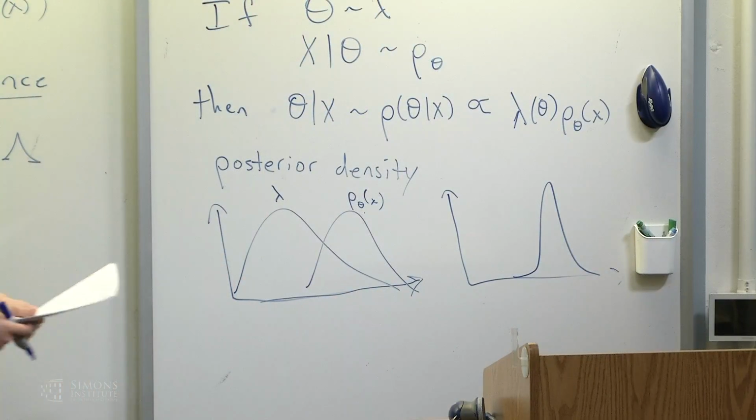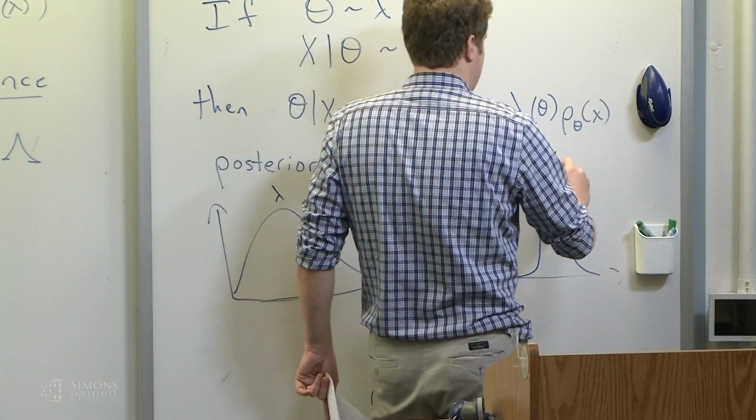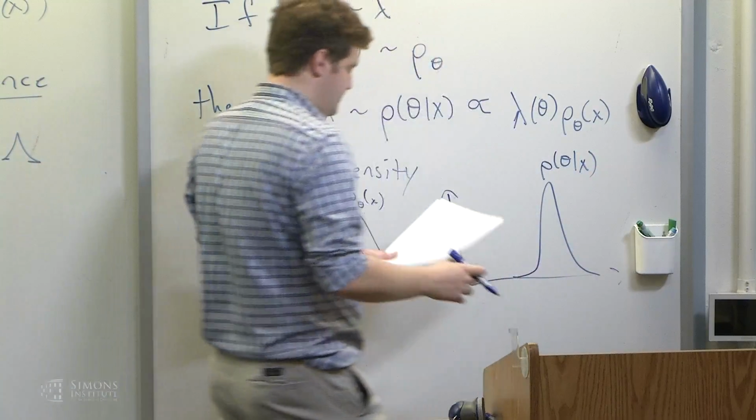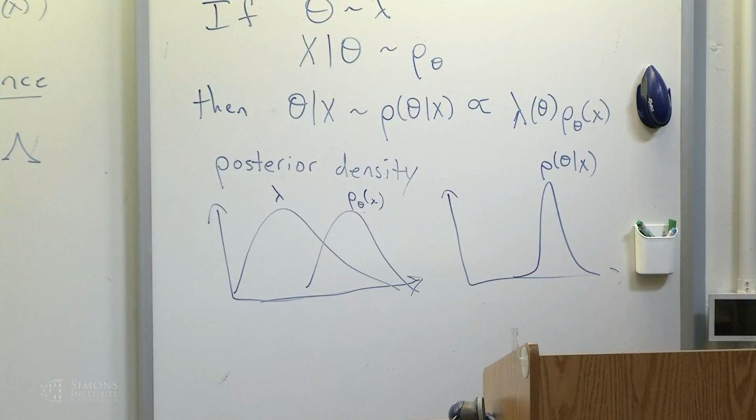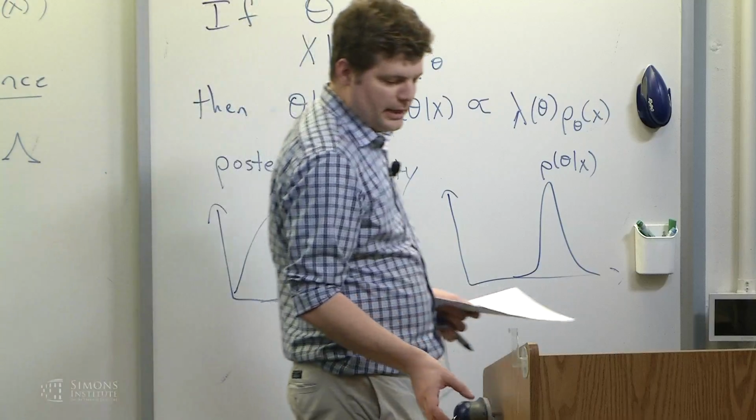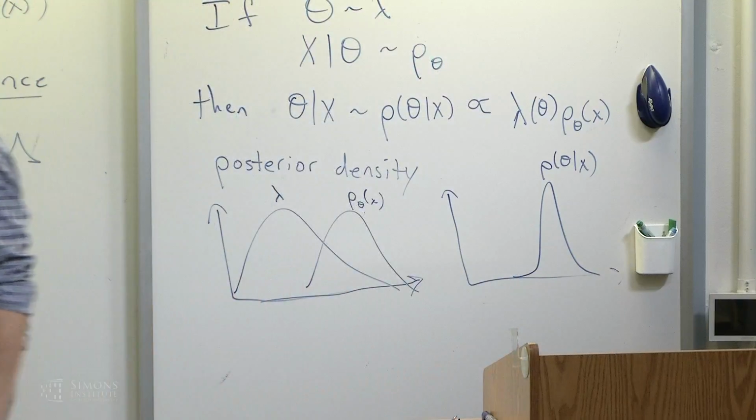So now we have a lot more information about the distribution. And so, for example, if we do for whatever reason care about coming up with an estimator that has the smallest mean squared error, then it's very clear how to do it. We just take the posterior mean.